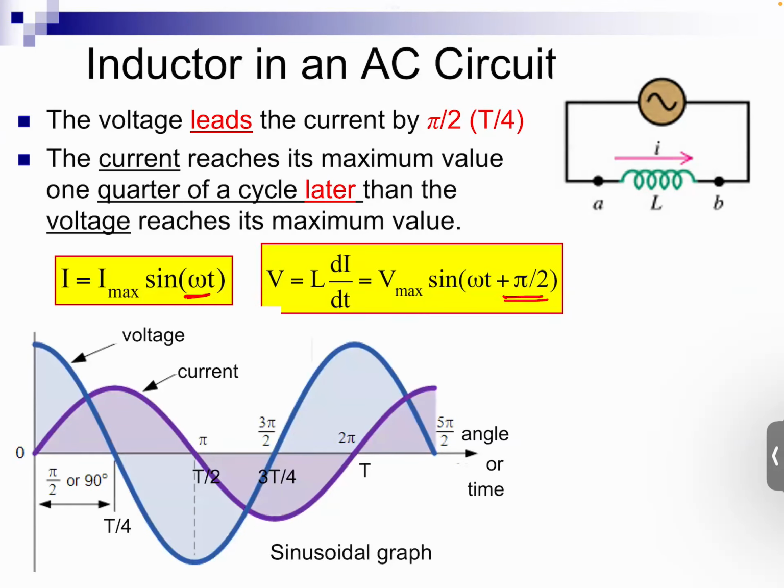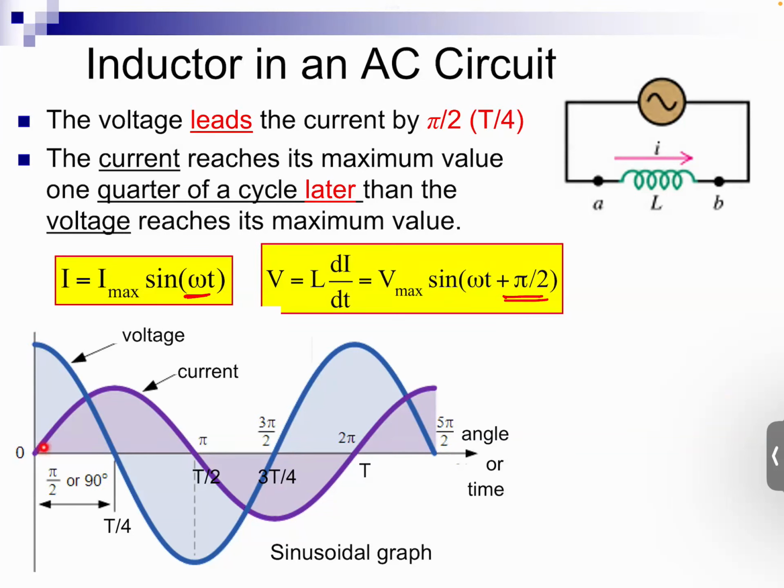So if you look at the sinusoidal graph, you have the voltage having a maximum value first at time t equals 0 when the switch is closed or when the inductor is connected to the AC source, right? The current momentarily will still be 0 as the inductor opposes the current flow, but there is already voltage across your inductor.